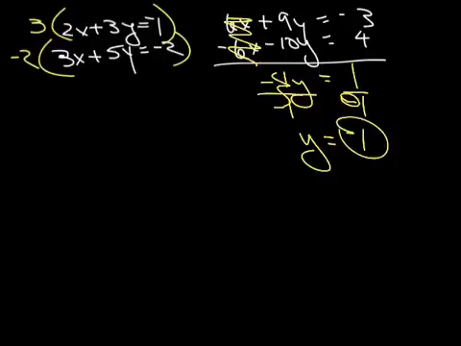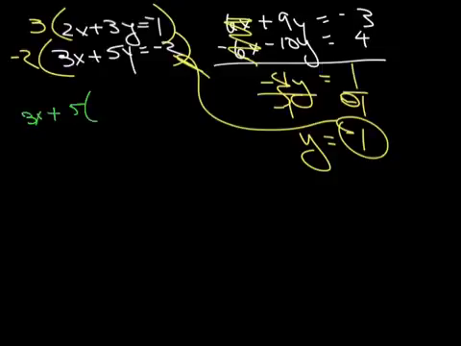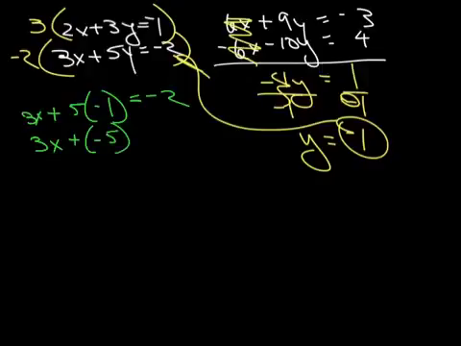Now I'm going to take my negative 1 and plug it in any of those equations. It doesn't matter. In fact, what I've got here is 1, 2, 3, 4 different equations. It doesn't matter which one you plug it into. So let's plug it into the bottom one. So 3x plus 5 times negative 1 equals negative 2. 3x plus negative 5. 5 times negative 1 is negative 5.